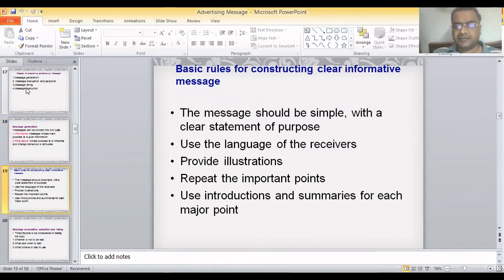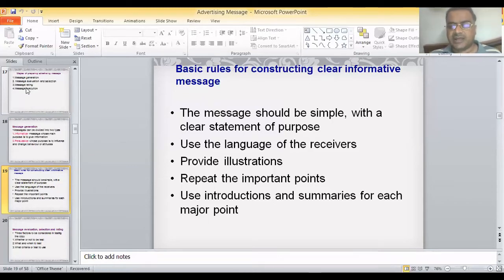Now, there are some basic guidelines for an informative message. The first one is that the message should be simple and clear, and it should state the purpose. Then the second is that the language used should be of the receiver, which is the prospective customers or the audience. Third is provide illustrations.